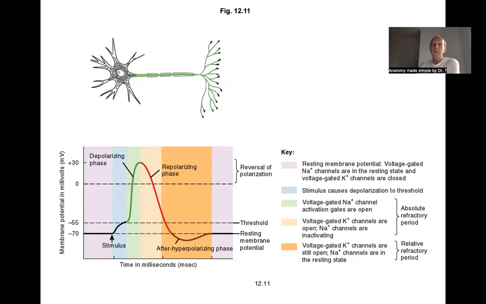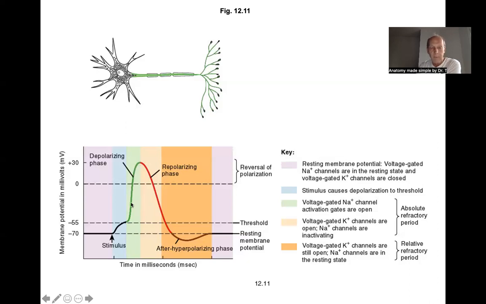At that point, the rest of the voltage-gated channels start opening very quickly, almost all of them simultaneously. With additional movement of ions across the cellular membrane, we can see that this cell has a very steep and quick change in polarity, going from negative 55 to 0 to plus 30.